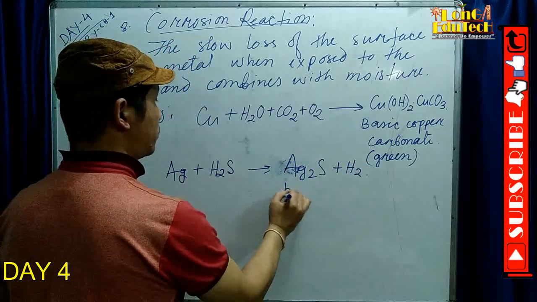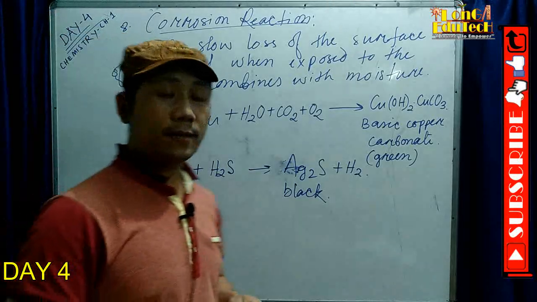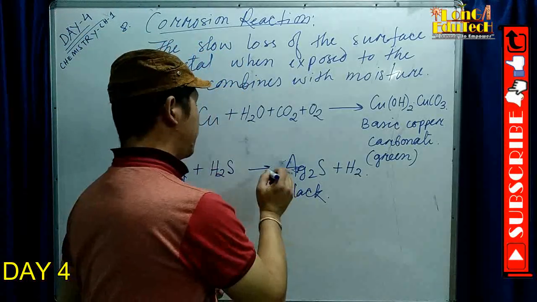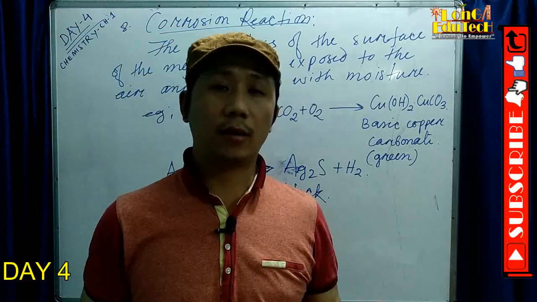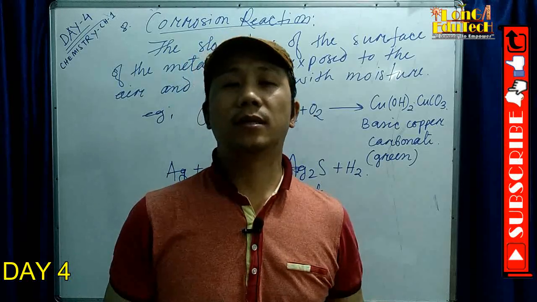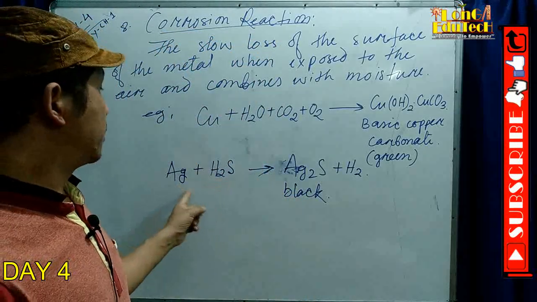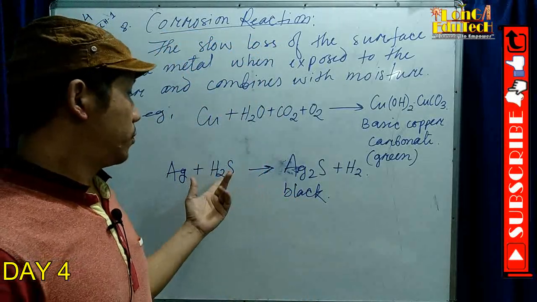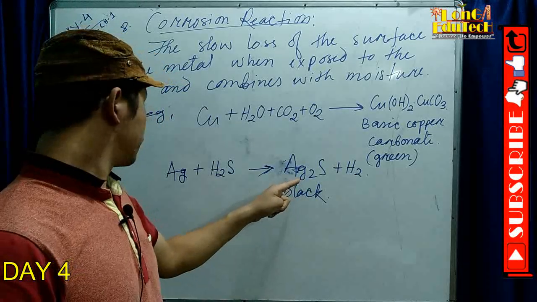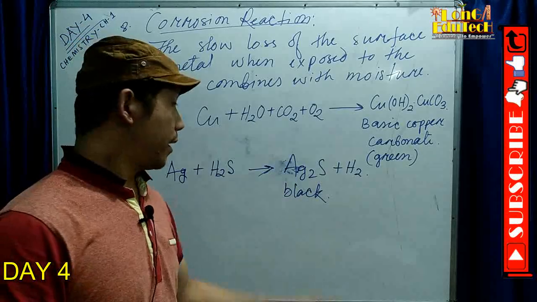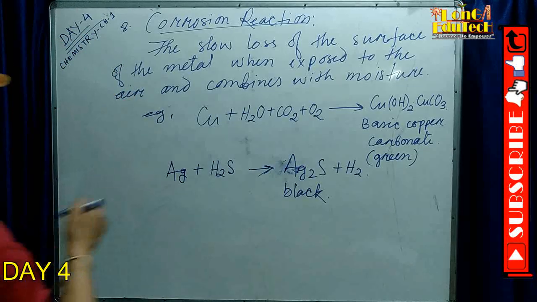Due to this, a black coating develops on the surface of the silver. So this is also an example. Corrosion can happen on the surface of any metal; these are some examples, copper and silver. Silver, due to H2S, produces a black coating due to the production of silver sulfide and hydrogen gas.